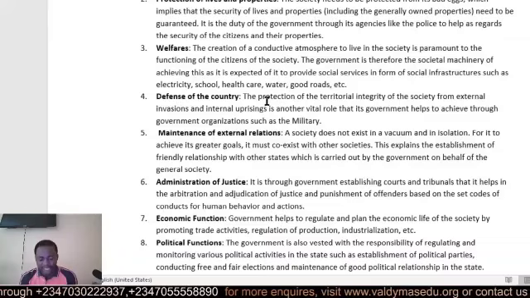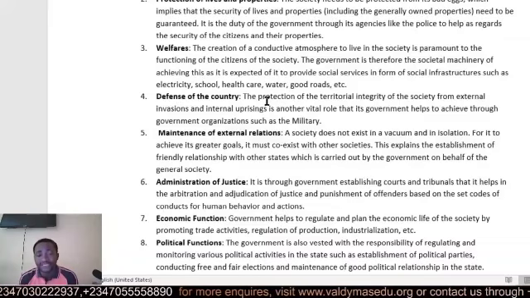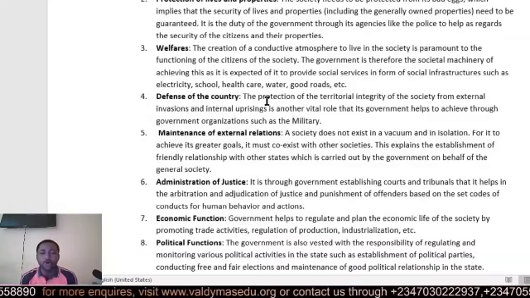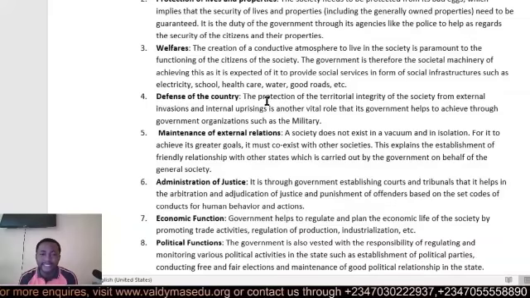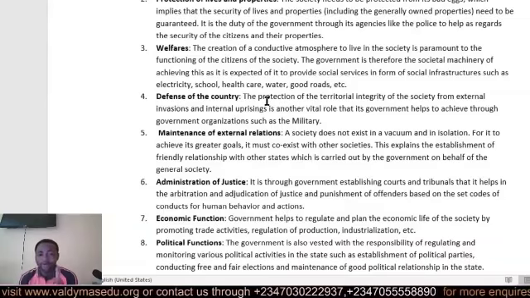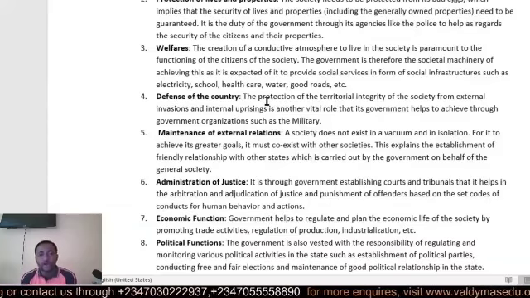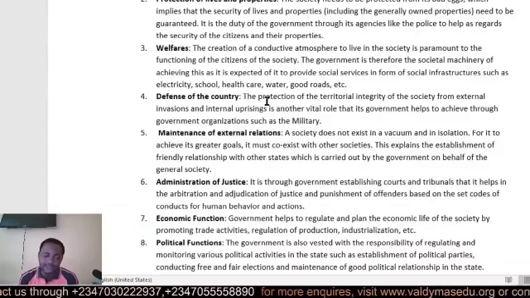Also, there is a need to defend the country from external aggression. This therefore becomes one of the needs of the society that calls for the creation of a government.